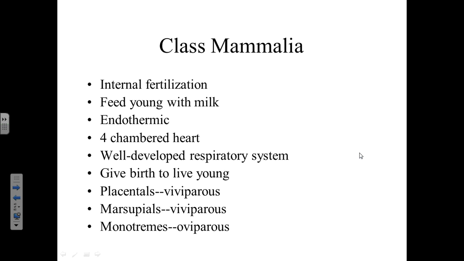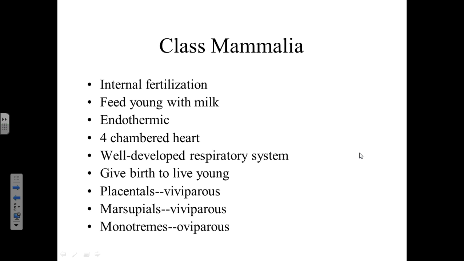Anyway, class Mammalia. What does the word mammal actually mean? It means breast. Yep. So mammals are mammals because of breastfeeding. Kind of an important thing. They don't necessarily have to have hair. Most of them do, but the word comes from breast and breastfeeding. Mammals, obviously, have internal fertilization to make reproducing on land possible. They feed young with milk.